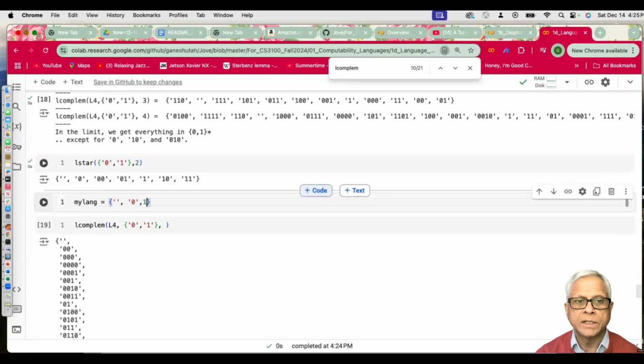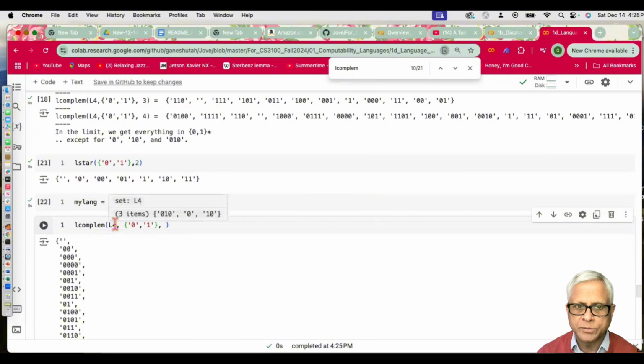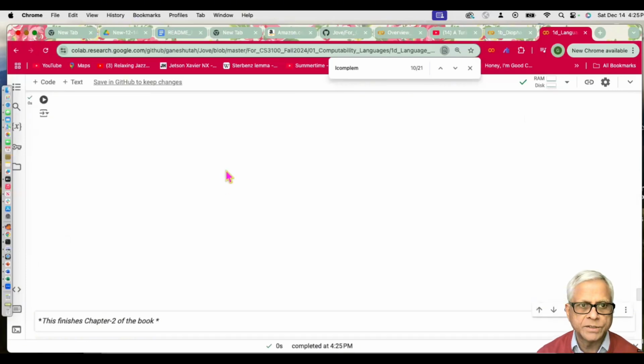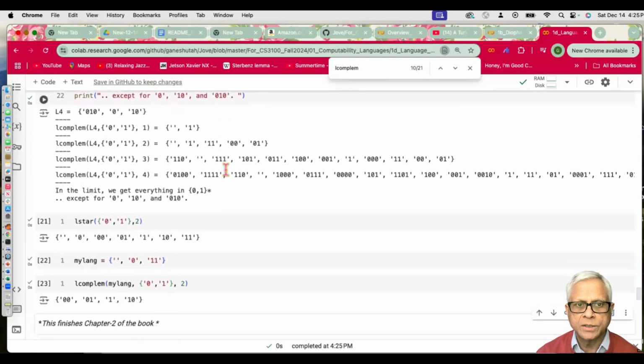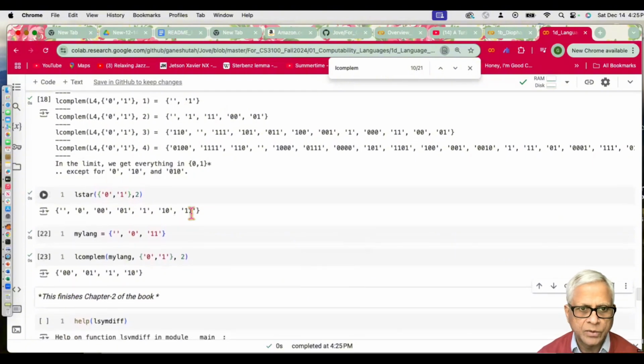So when we apply it to an alphabet like that, it produces the star of that alphabet up to size 4. Now if I take the complement, let's reduce all these numbers to 2 and make it easier to visualize. So star up to 2 has this one, and now complementation of some language.